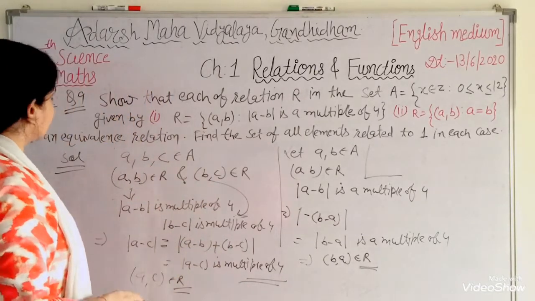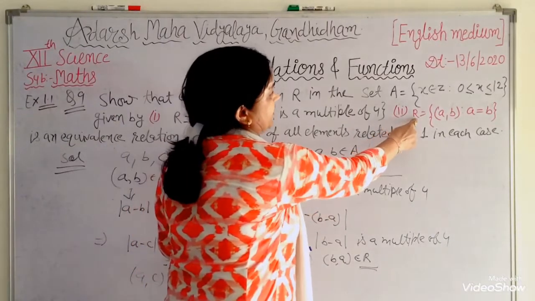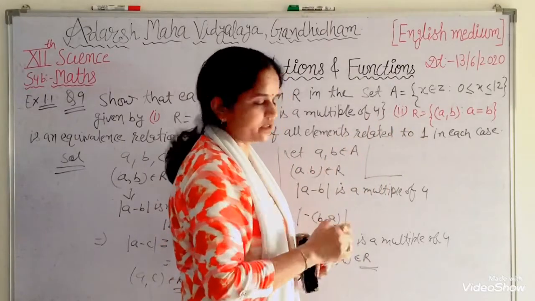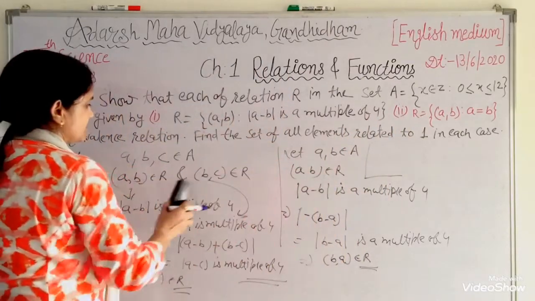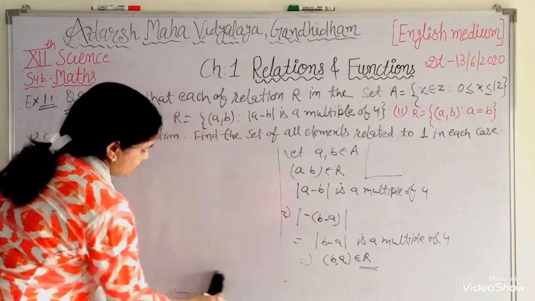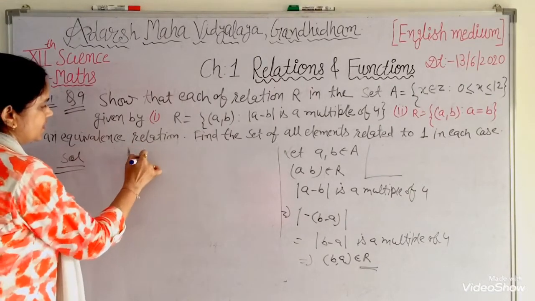Now, student, the next part of this question is, if R is defined like this, (A, B) where A is equal to B only. Okay, student? It means for this part, A relate A, B relate B, student. Okay, means 1 1.